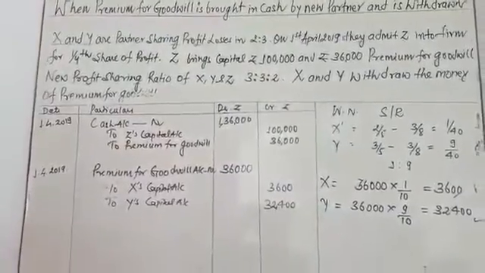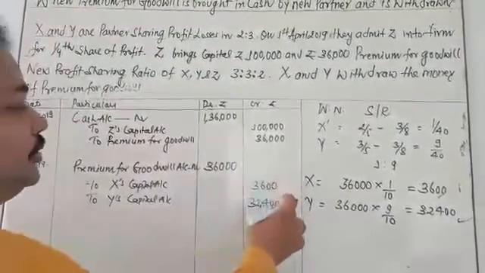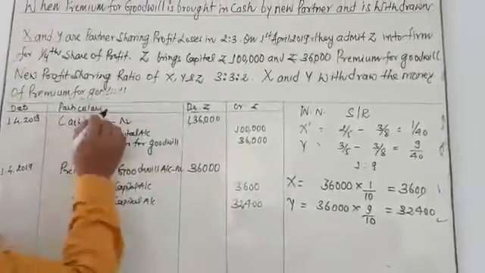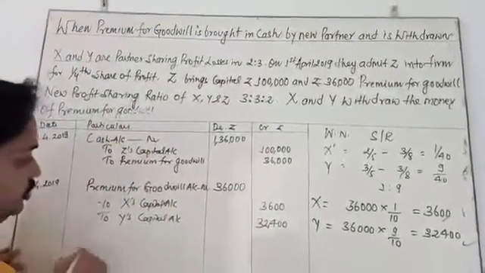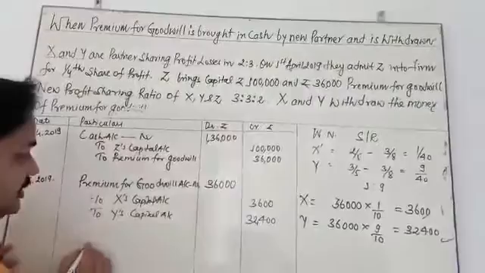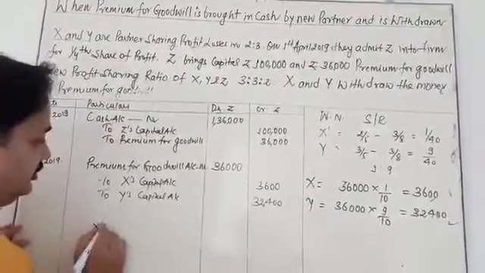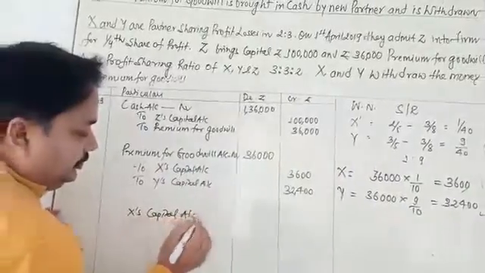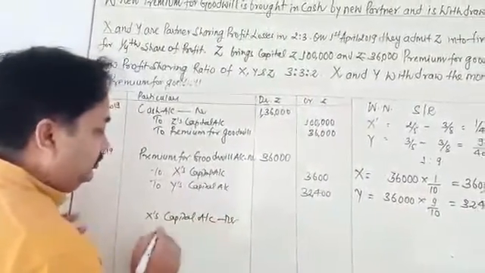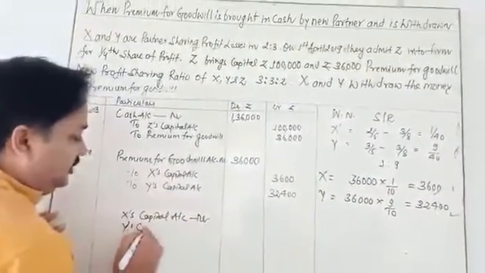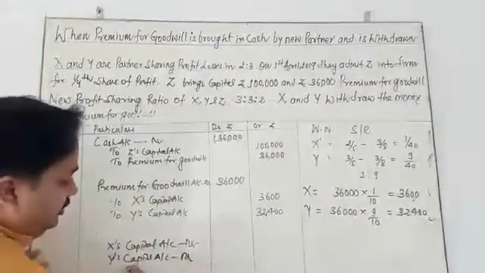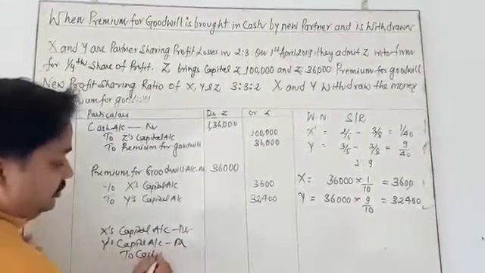The next entry is that both of them are going to withdraw the money, that is, the goodwill. So X's capital account debited, Y's capital account debited, to cash account.